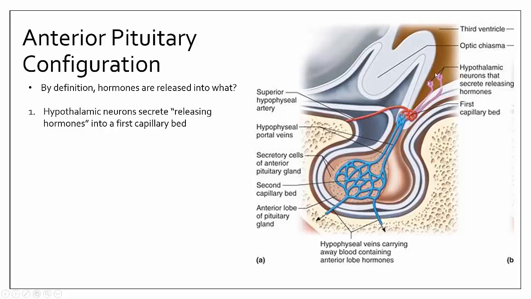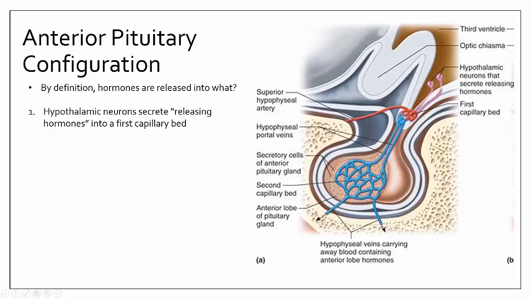The first one is up here starting in the hypothalamus. So these hypothalamic neurons, their cell bodies residing up here in the hypothalamus, secrete something called a releasing hormone, okay? A releasing hormone is secreted into this first capillary bed that's right here at the top of the infundibulum.